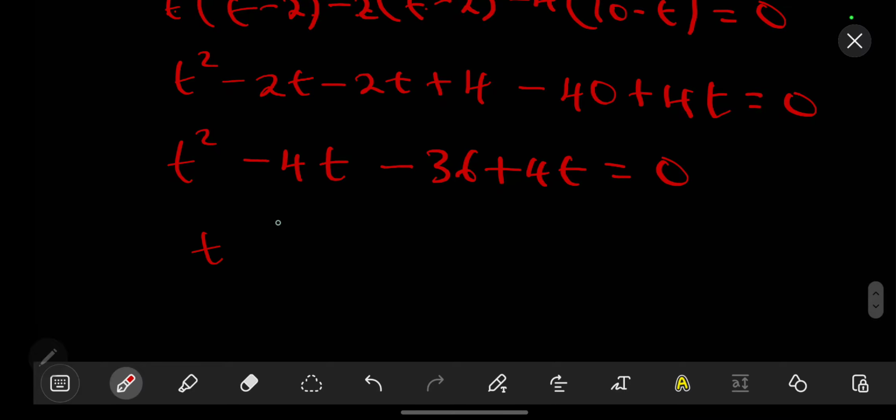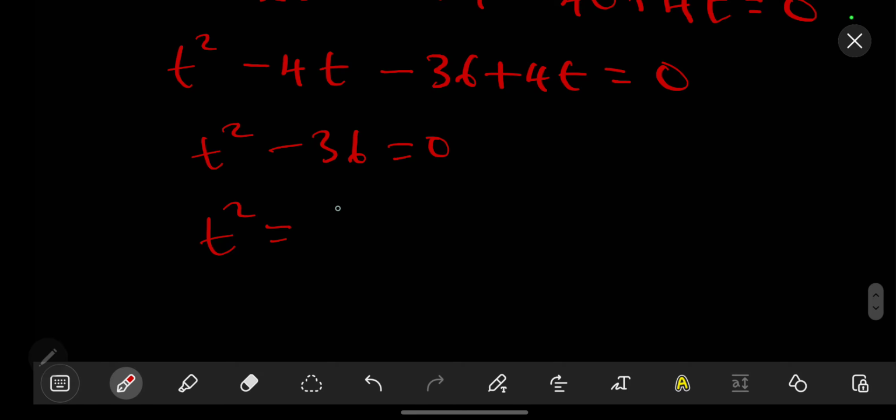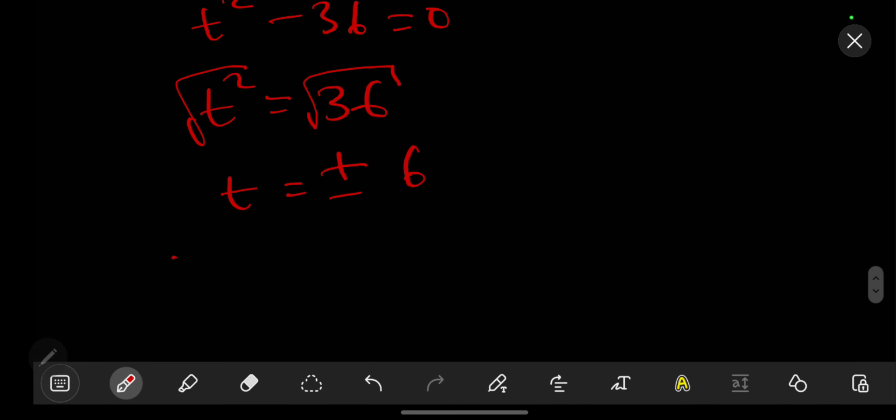Therefore our equation will be t squared minus 36 equals 0. So t squared should be equal to 36, so let's find the square root. Our t should be equal to plus or minus 6. So either t is equal to 6 or t is equal to negative 6.